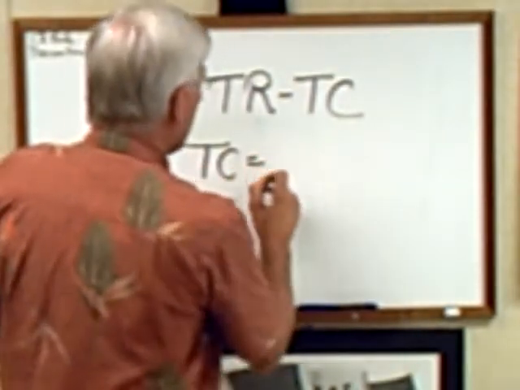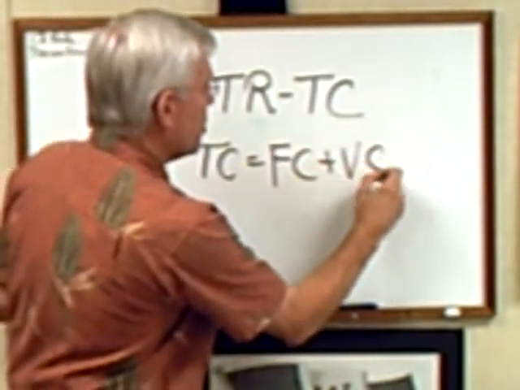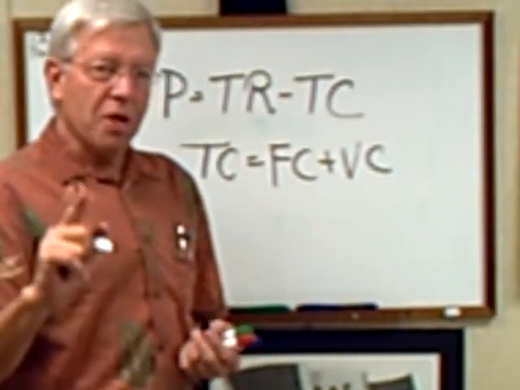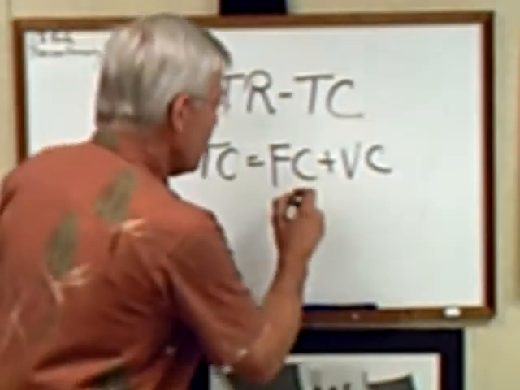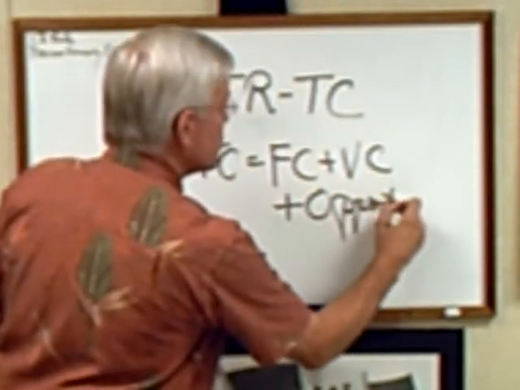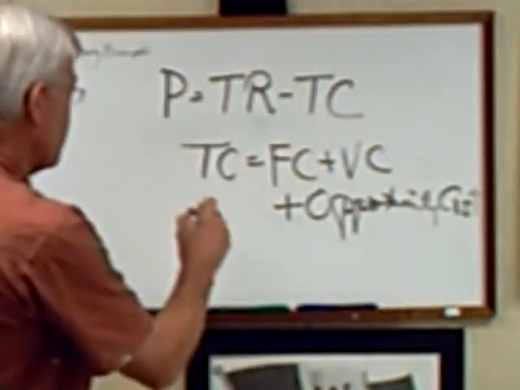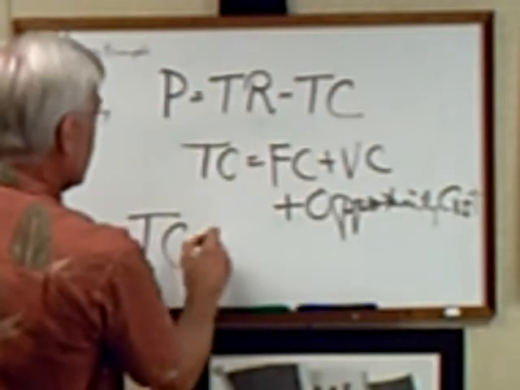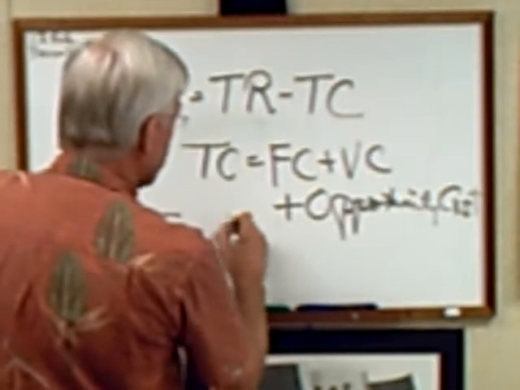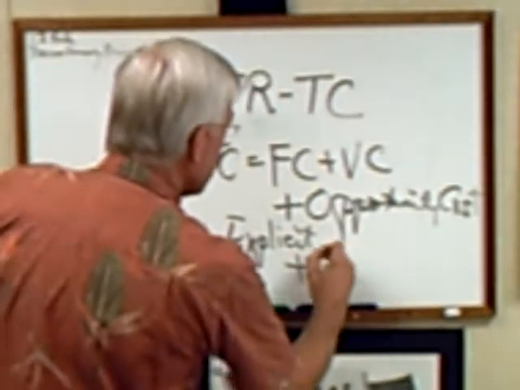Total cost equals the sum of the fixed cost plus the variable cost plus one more element that is not really mentioned in your accounting class, and that is called the opportunity cost. Total cost, therefore, using another set of terminology, is equal to the explicit cost plus the implicit.